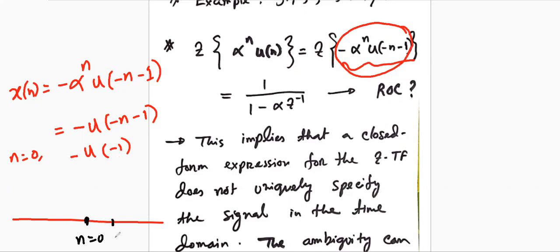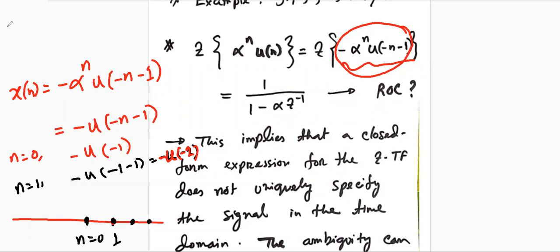If you target n equal to 1, then you will find minus u of minus 1 minus 1, so that is minus u of minus 2. Is there any value? No, it again gives 0. So if you proceed more, you will always find 0 for the positive values.